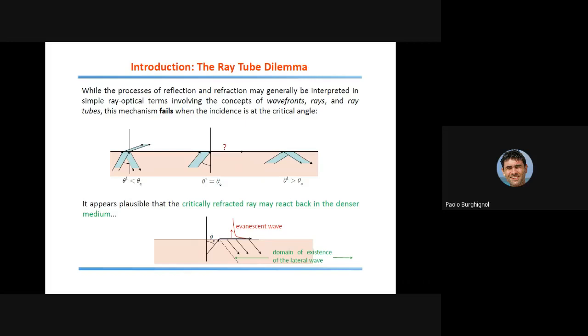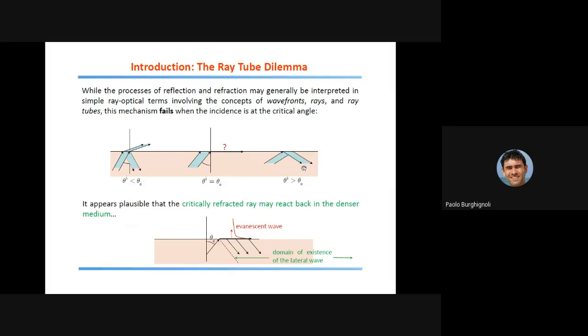Now, this picture of the wave process finds a fundamental difficulty exactly at the critical angle. In fact, as you can see in the top figure, if our incident angle is smaller than the critical angle, then the power associated with the incident wave splits into a part which is refracted in the upper medium and another part which is reflected in the lower medium. If the incident angle instead is larger than the critical angle, then all the real power associated with the incident wave gets reflected.